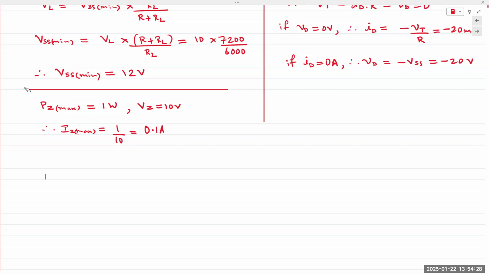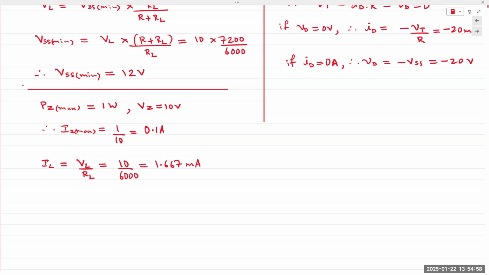IL can also be determined by Ohm's law, VL over RL. And that gives me 10 over 6,000 or 1.667 milliamps. Right, from Ohm's law.